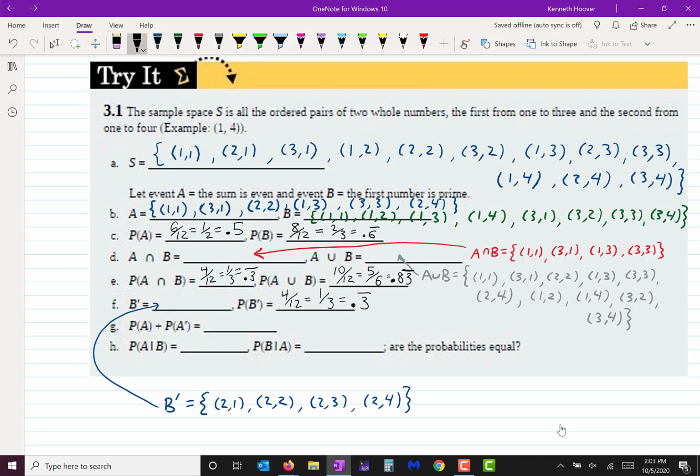Let's find A complement, because we're going to need that for the next question. A complement. That's everything from the sample space that's not in A. So that would be 2, 1, 1, 2, 3, 2, 2, 3.